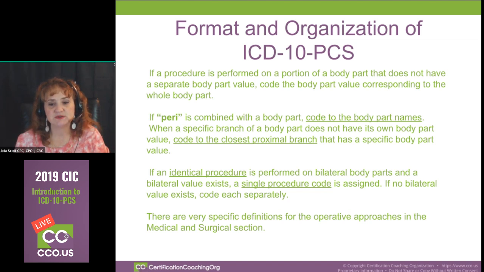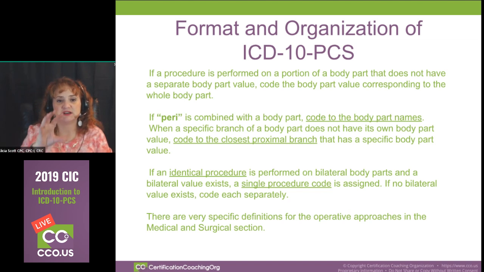If you come into documentation and you see that there are separate body part values, but you don't have a code for that, and you can't get to a higher specificity, what do we do? What if you have a word like peri, which just means around? There are multiple body parts that could go with the word peri.